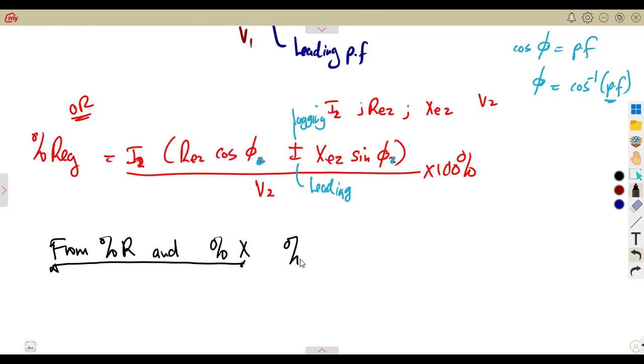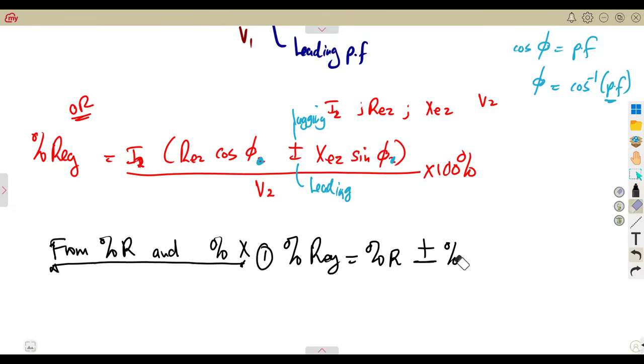So it follows that the percentage regulation can be calculated as, let's start with lagging. As we said, lagging carries a plus. So let me just write one formula as it is. It's going to be percentage resistance plus or minus, take note, plus or minus the percentage reactance.